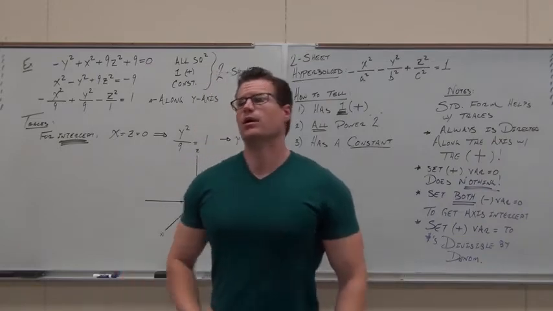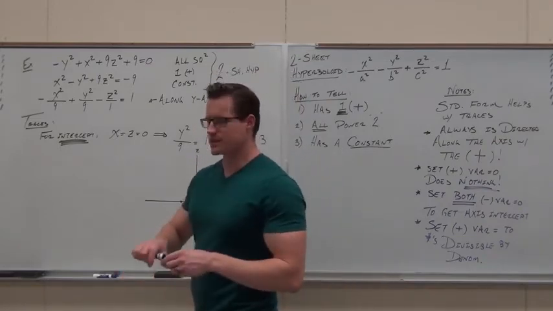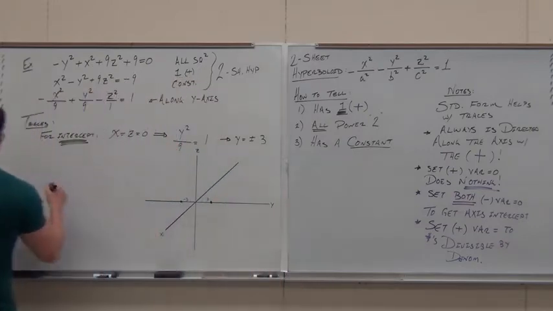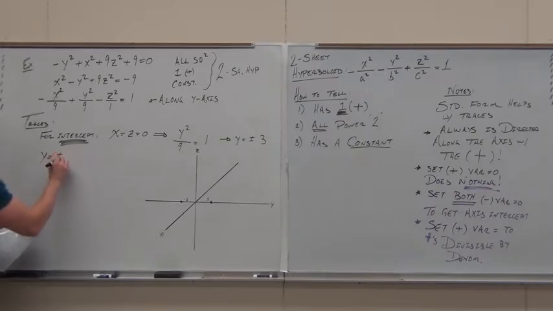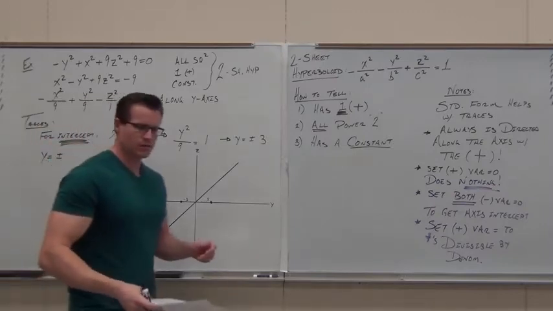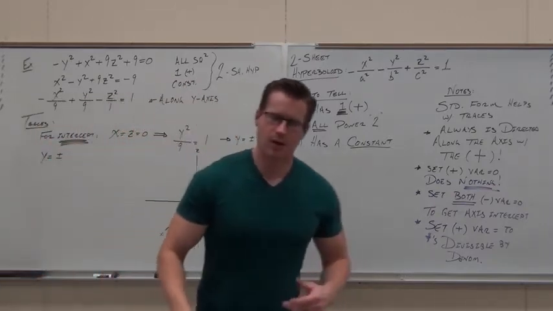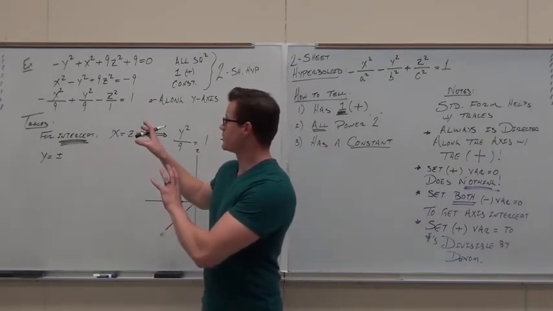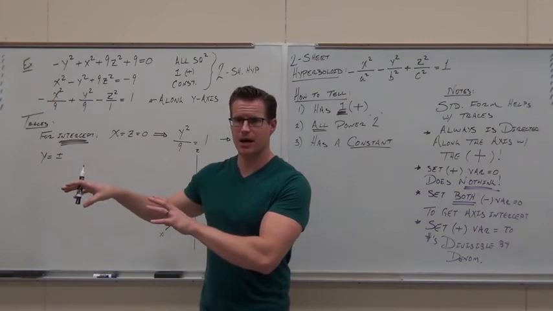Now, the other ones for the traces. It's still going to be plus or minus, but I want to plug in a number that, when I square it, is going to be divisible by 9.